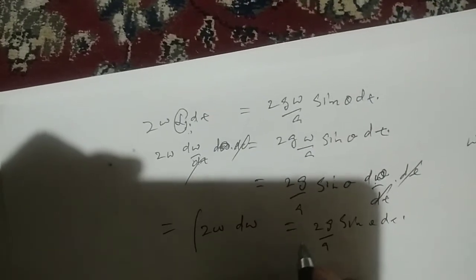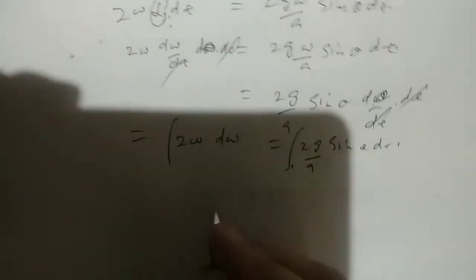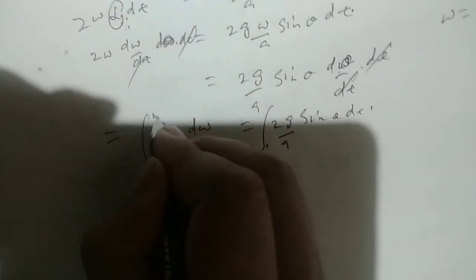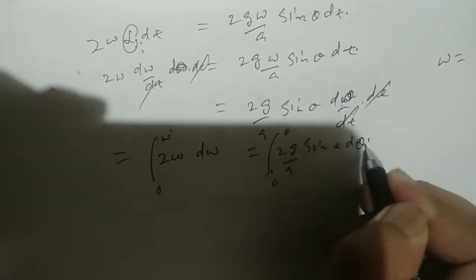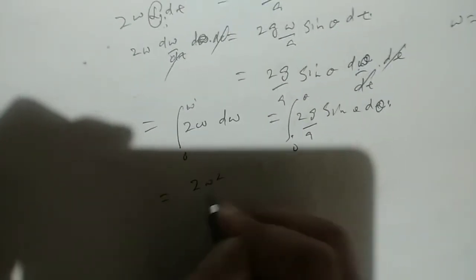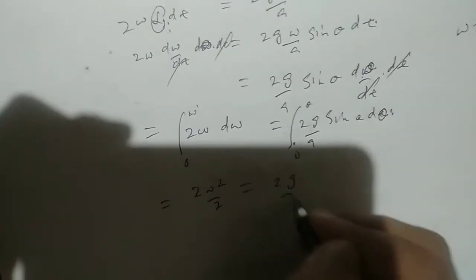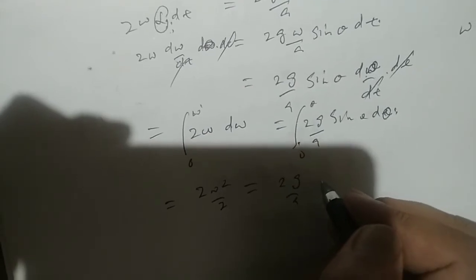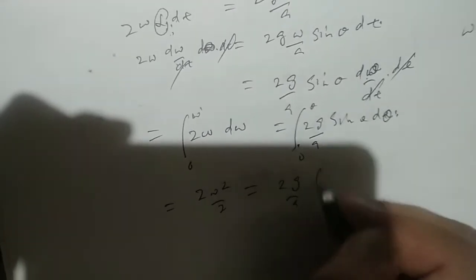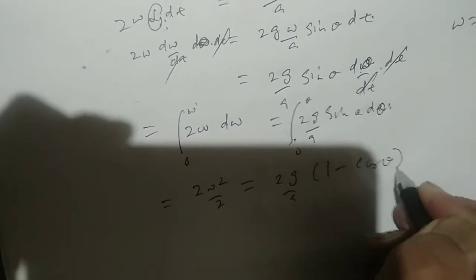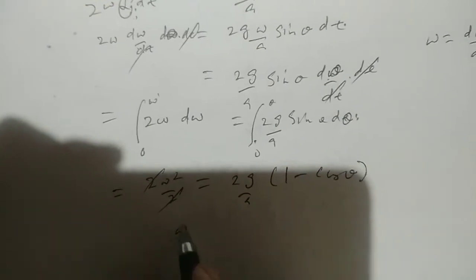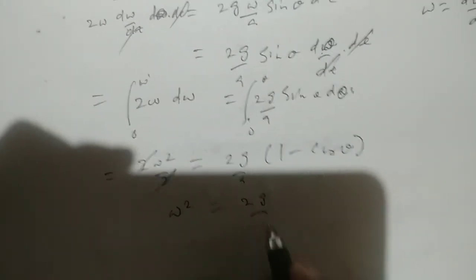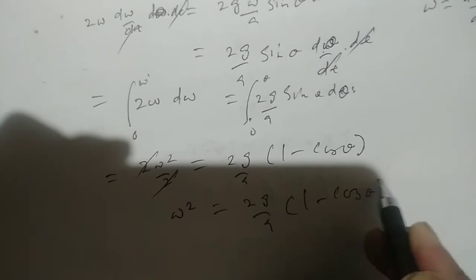If I integrate it, after integrating, what I will get is 0 to omega on one side and 0 to theta on the other, d theta here. Now it will be 2 omega square by 2, it will be 2g by a. I will just skip one more step. After integrating, I will get this thing, and my omega square is 2g by a times 1 minus cosine of theta.